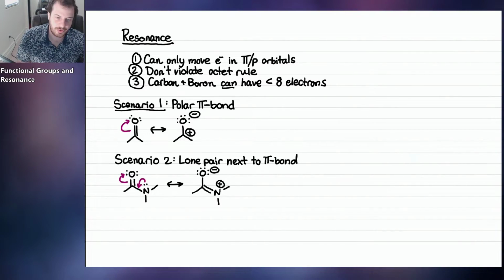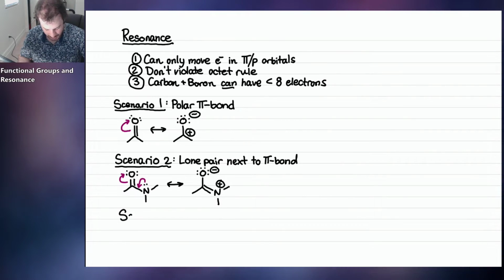We've created a negative charge on the oxygen since we've moved electrons towards it, giving it a lot of electron density. And the nitrogen has a formal positive charge now also. You can use the formal charge formula to prove that to yourself. All right, scenario 3 coming up next.